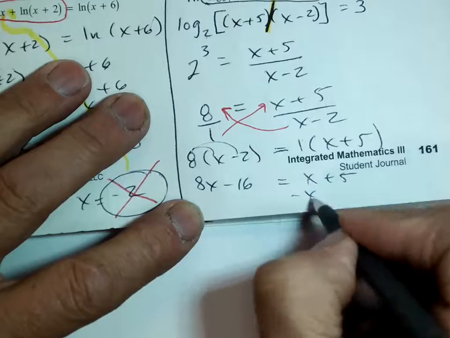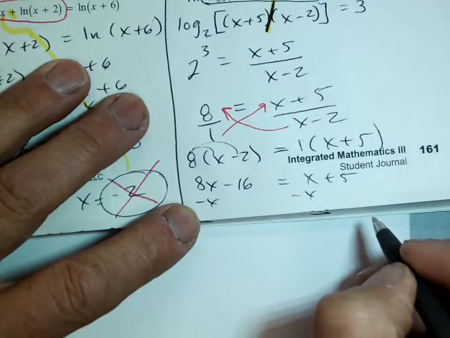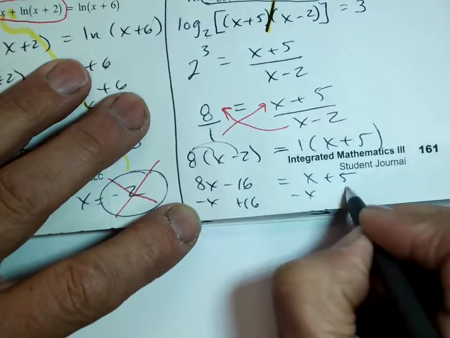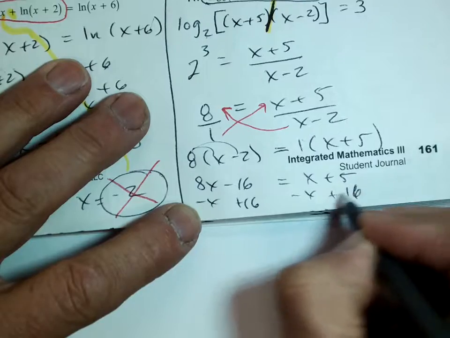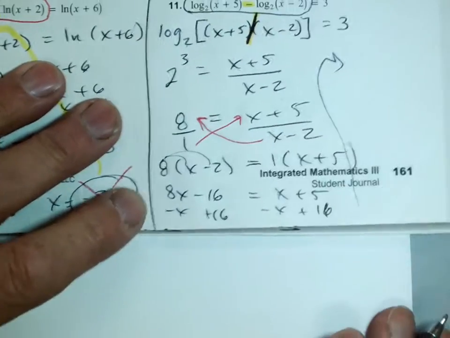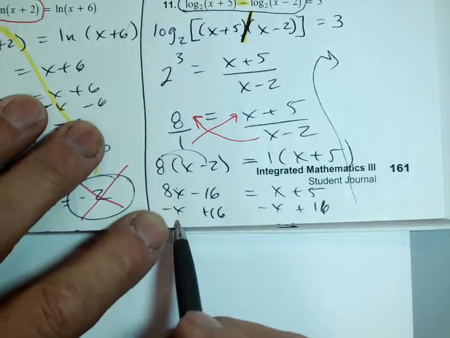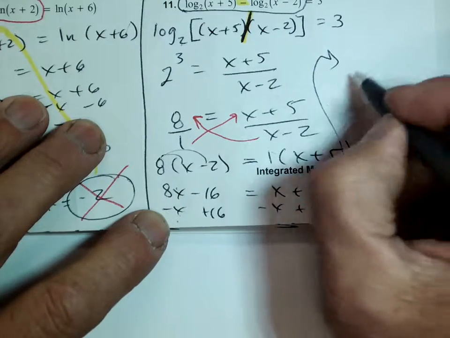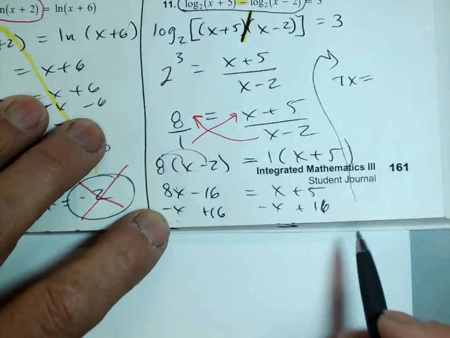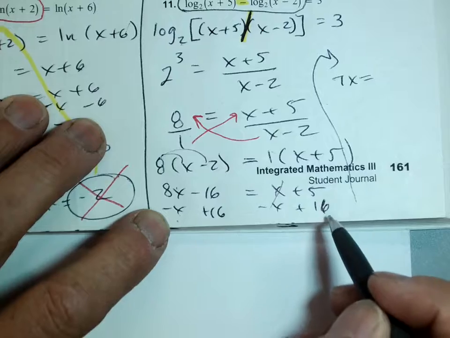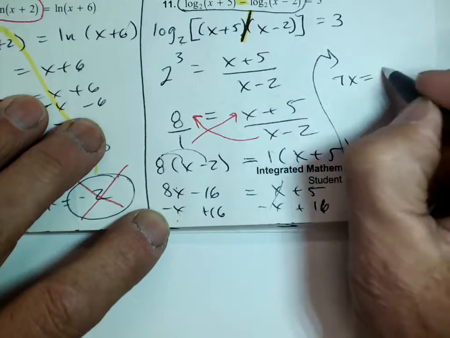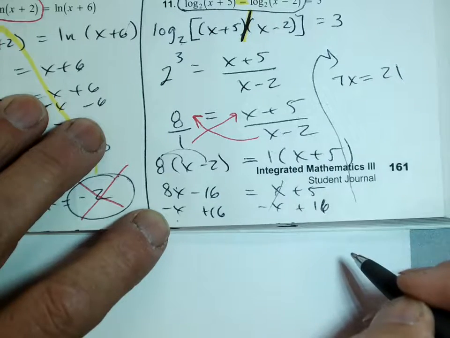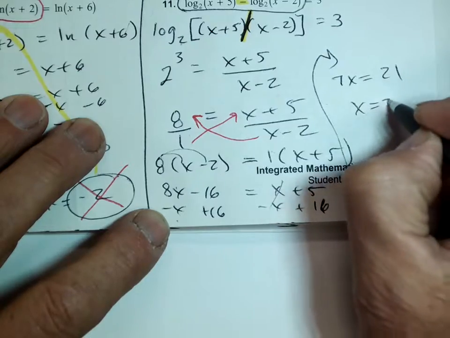Solve: I'm going to go minus x, and plus 16, plus 16. I'm running out of room, so I'll scoot it up here. So 8x minus x is 7x, and 5 plus 16 is 21. Divide by 7, x is equal to 3.